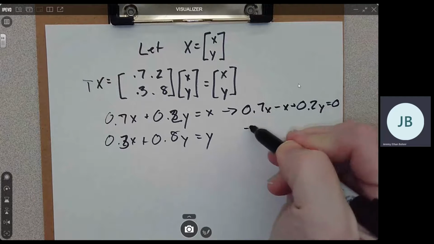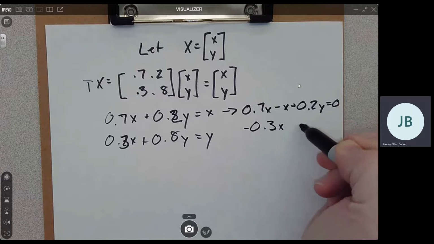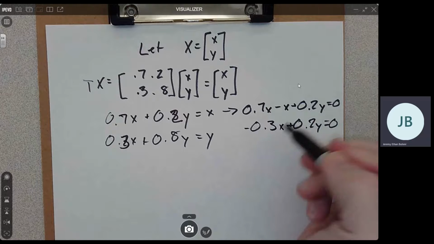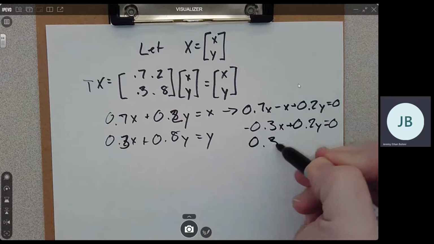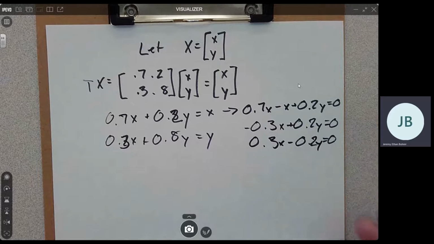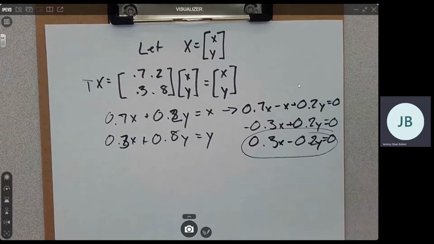That gives me negative 0.3x plus 0.2y equals 0, which is effectively the same as 0.3x minus 0.2y equals 0. So this is an equation that we can use.